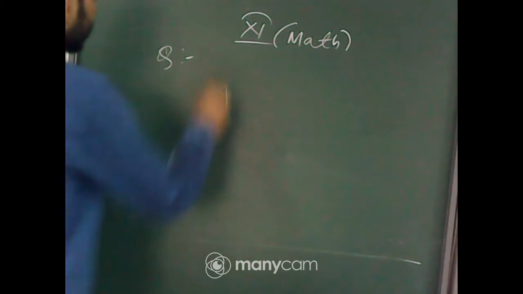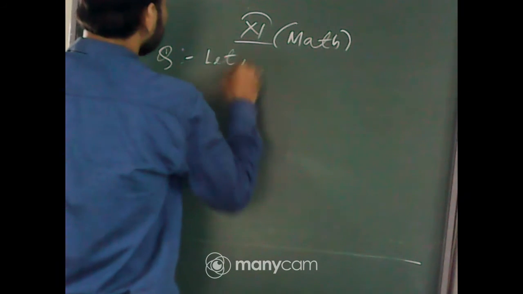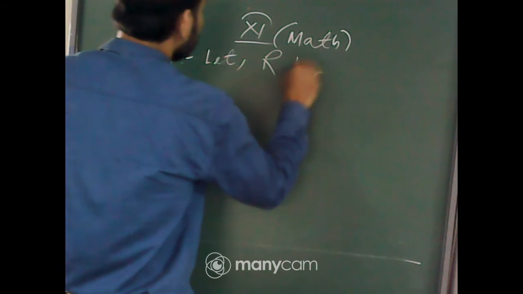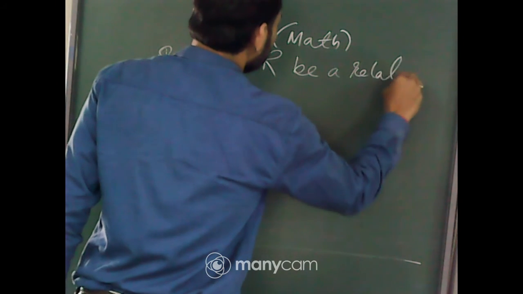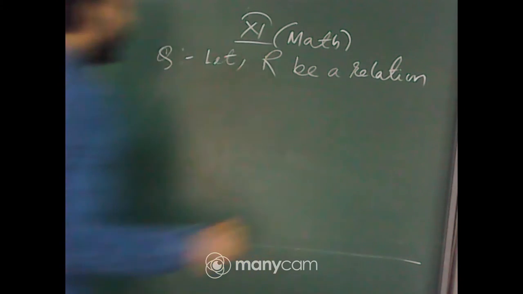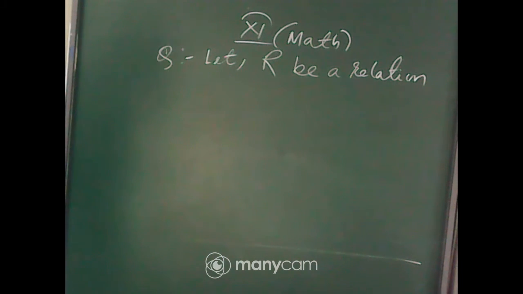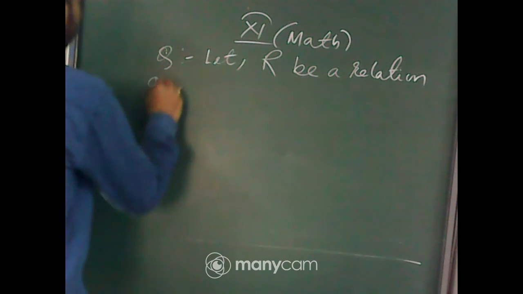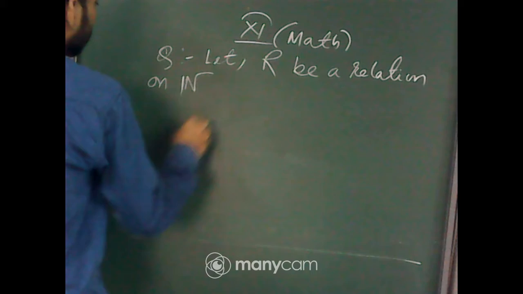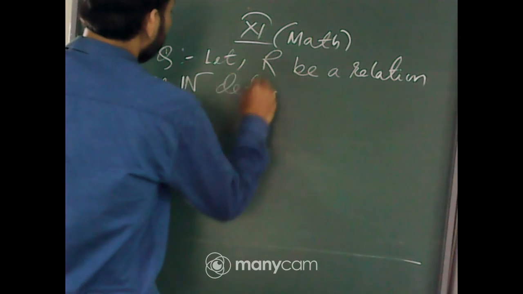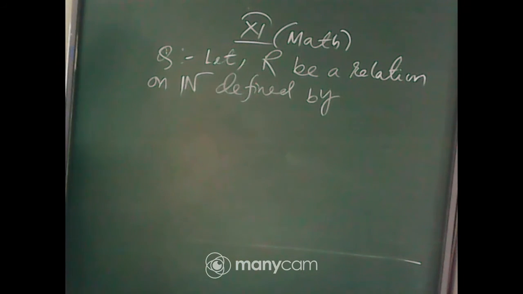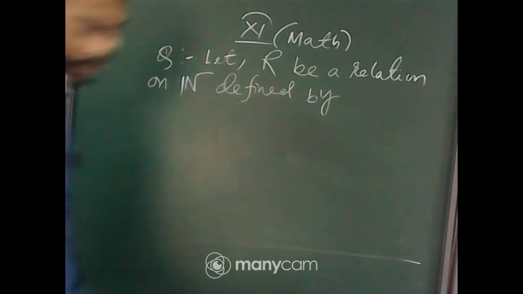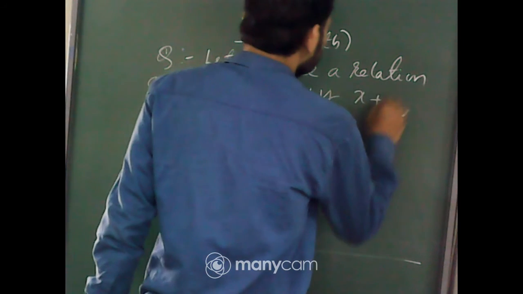Let R be a relation on N, the set of all natural numbers, defined by x plus 2y equals 8.